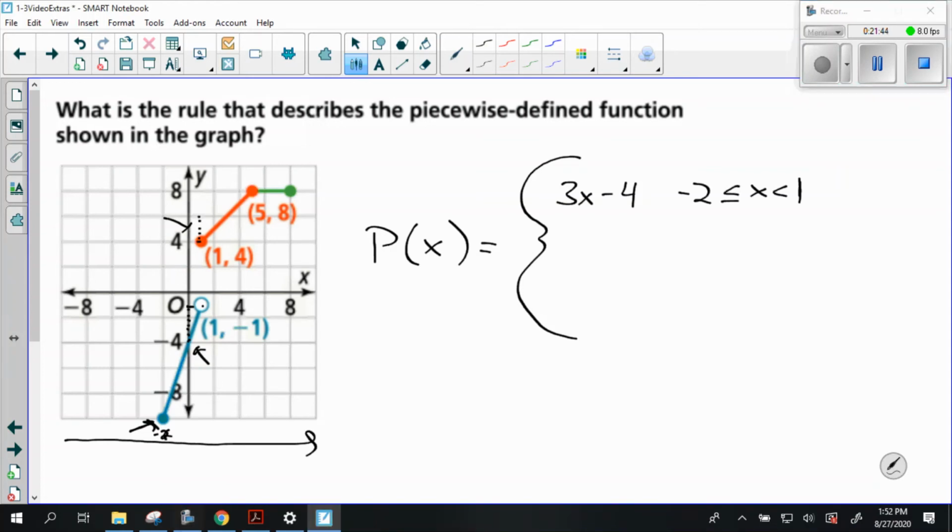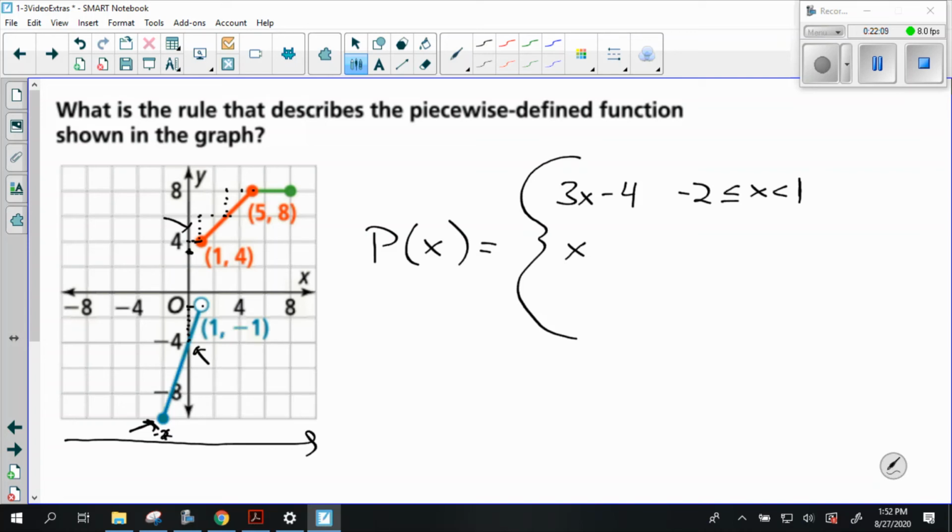So if it's going up 2, over 2, that's a slope of 1. So 1x. And going up 2 over 2 is the same thing as going over 1, down 1. So this is going to cross our y-axis. It's got a y-intercept at 3.